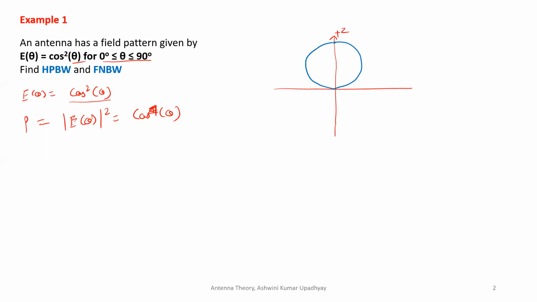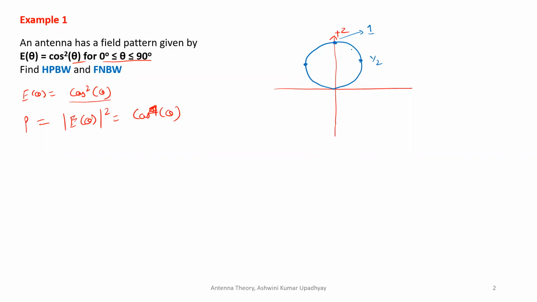So here is the maximum power point. You already know that the maximum magnitude can reach up to 1. On both sides of this curve, there will be two half power points where the power is going to be 1 by 2. So if this is the map of the power pattern, then this maximum power will be 1 and the half power point will be 1 by 2.